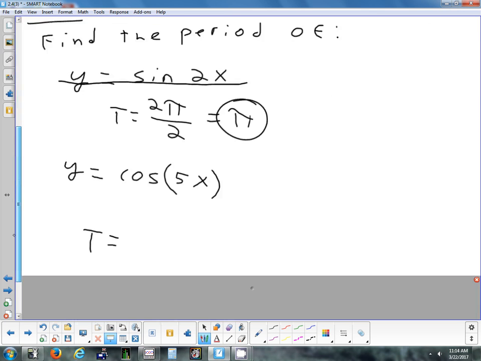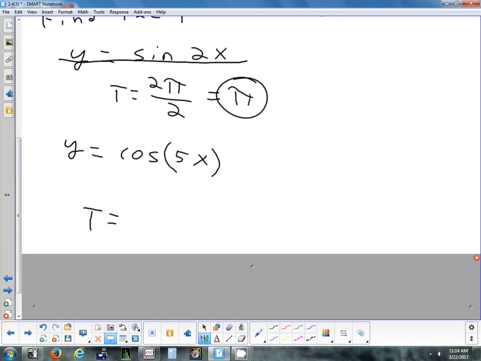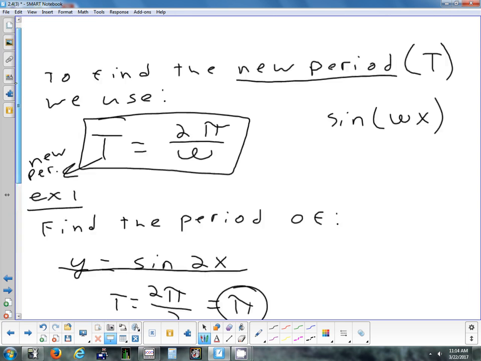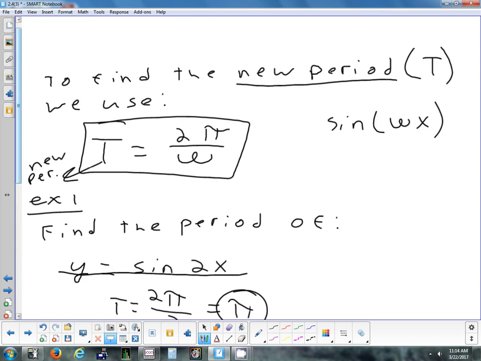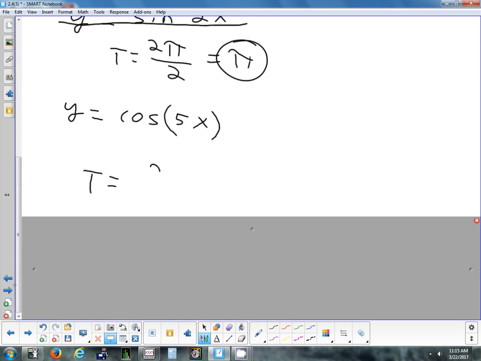So 2 pi goes in the top. What's going to go in the bottom? So in the bottom you put omega, which is 5. Okay, that one doesn't reduce. 2 pi over 5, we just leave it as 2 pi over 5. You don't have to change that to a decimal. You don't do anything else with it. That's it.